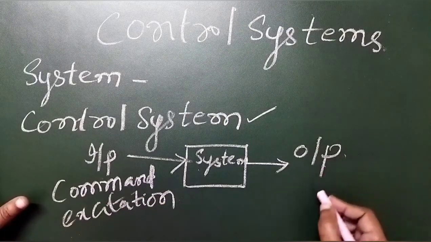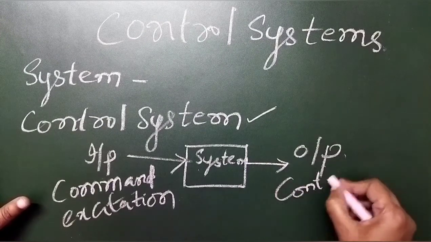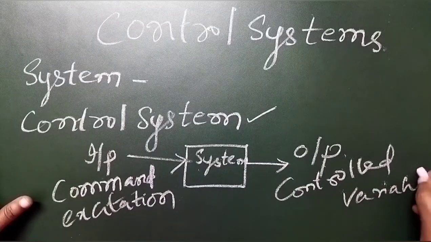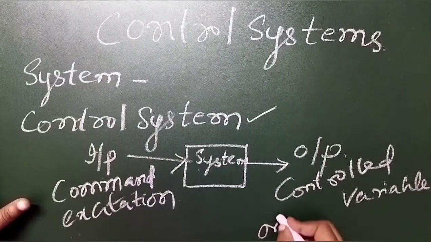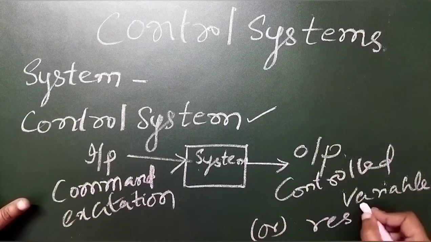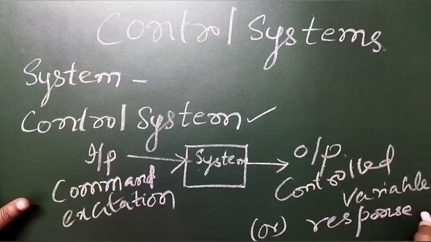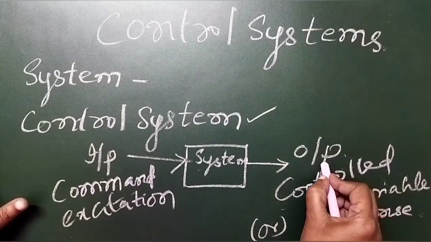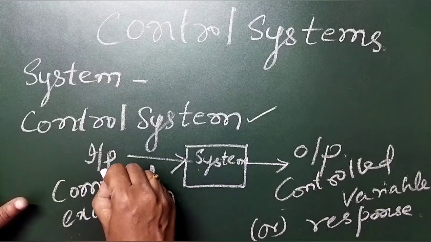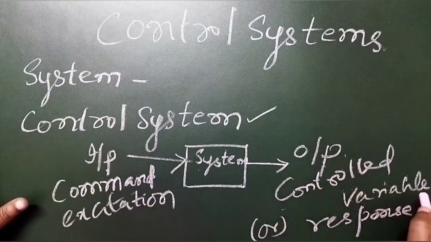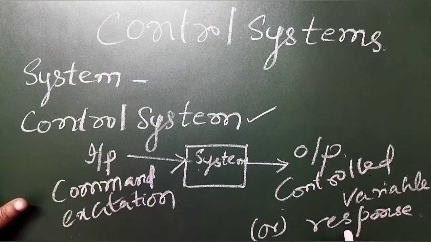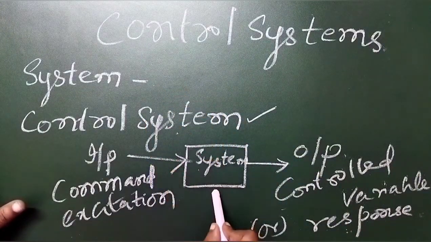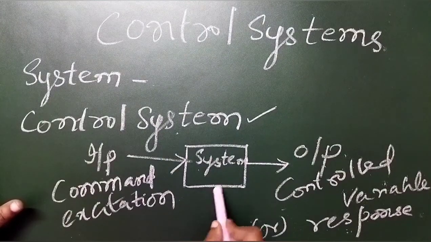This output, you call it as controlled variable or response, because you're controlling this output variable by varying this input. Only then you call this as a controlled variable or response. So this is about a system, a control system, the way you represent a control system.